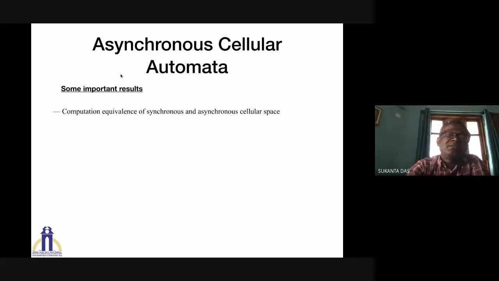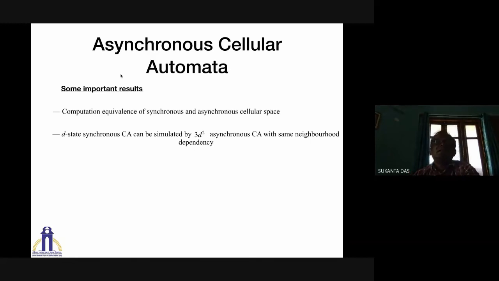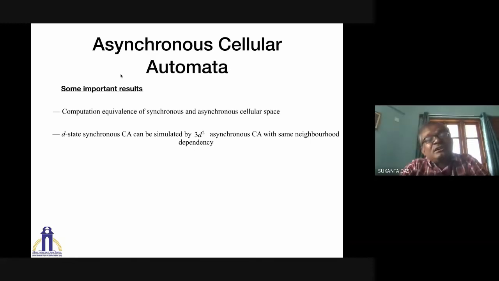The next result, from the same author actually, is that if you have a D-state synchronous CA, then that CA can be simulated by a 3D-square state asynchronous CA. A very important result.